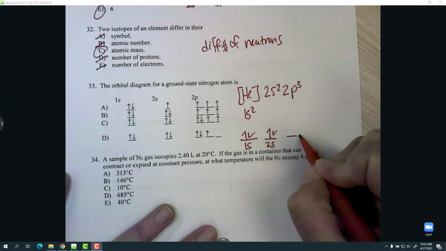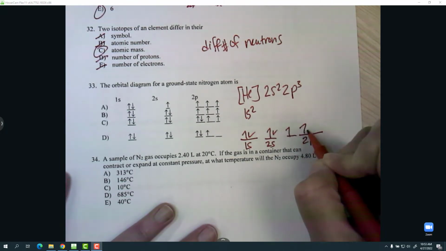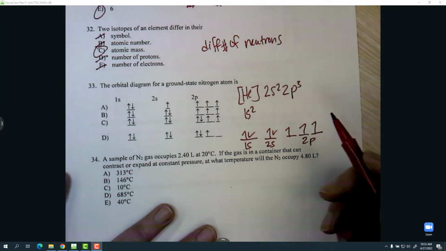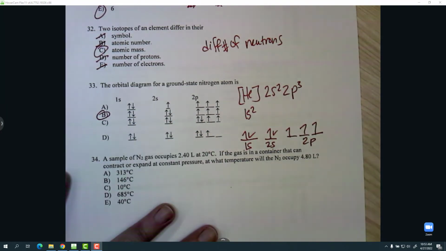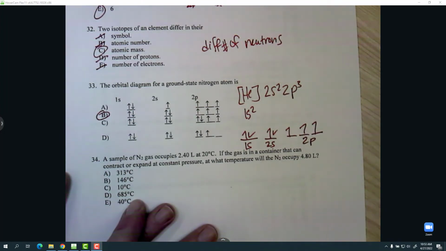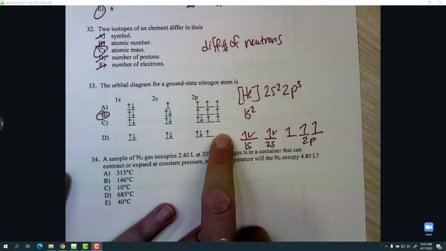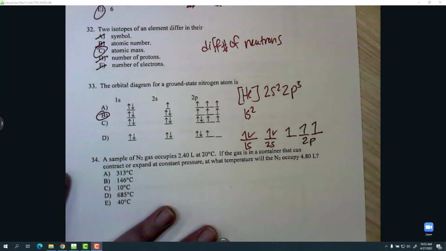So 2s2 and then 2p3. Remember, there's 3 p orbitals always, and then you put one line on each. So that looks like B. The problem with A is that there's not an electron here. This one has too many electrons, and then this one, we paired them up before the last line was full. We want to put one per line first.